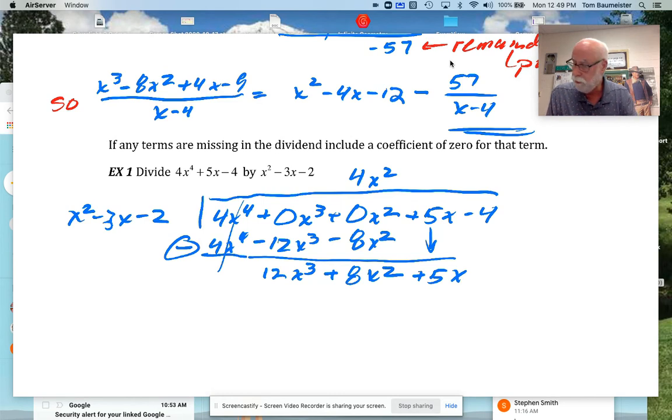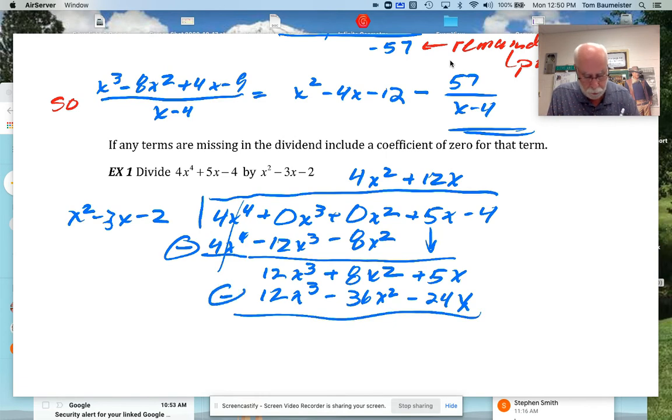And I'm going to do the same thing now. x squared times what gives us 12x cubed? You would tell us it's 12x. And I'm going to multiply through. That'll give me 12x cubed minus 36x squared minus 24x.